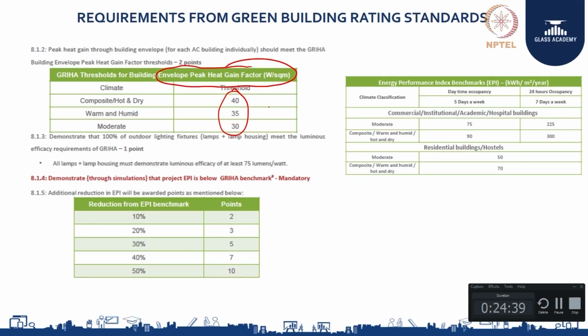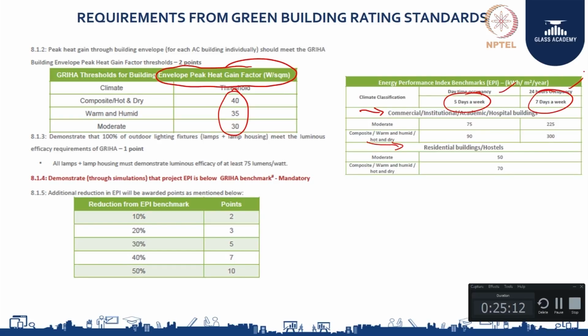So next is your energy performance index. So this is nothing but how much energy is consumed per square meter of your building floor area for a particular year. So this will give you an idea of how much energy the entire building is consuming in a year. So they have given some threshold depending upon the type of the building, say commercial or institutional or academic, and another typology is your residential building, and also depending upon whether it is going to be 5 days a week or 7 days a week, daytime occupancy and 24-hour occupancy.